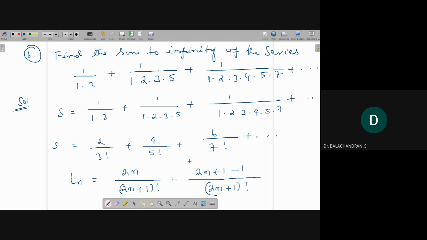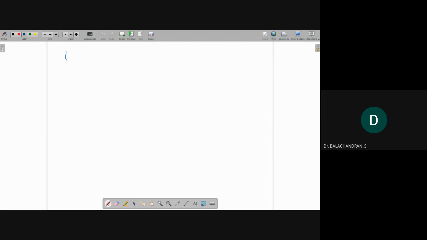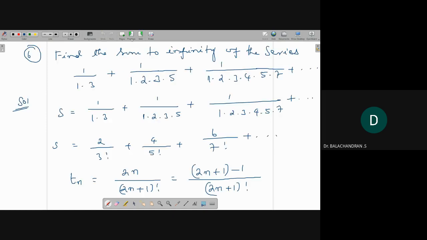So now 2n plus 1 divided by 2n plus 1 factorial is what? 1 by 2n factorial, and then minus 1 by 2n plus 1 factorial.